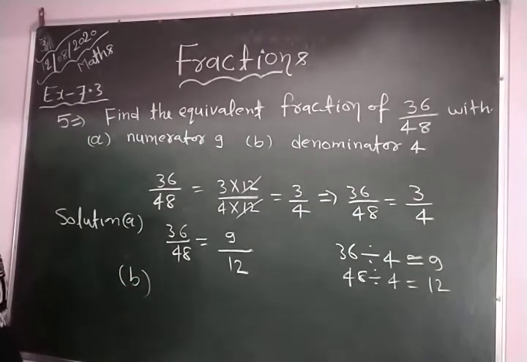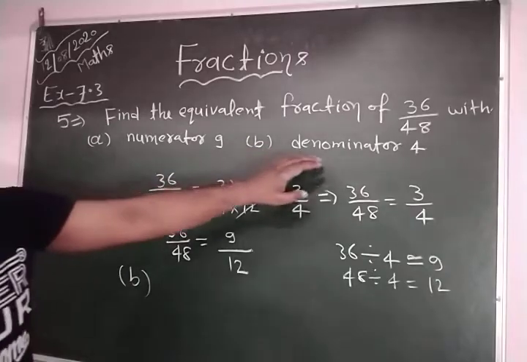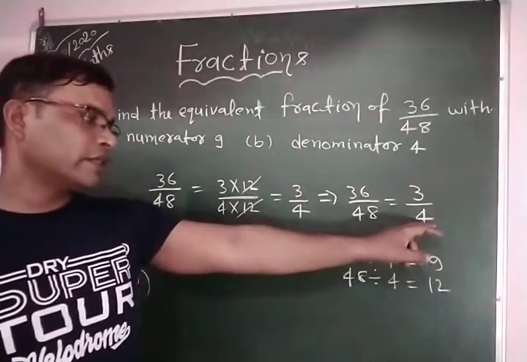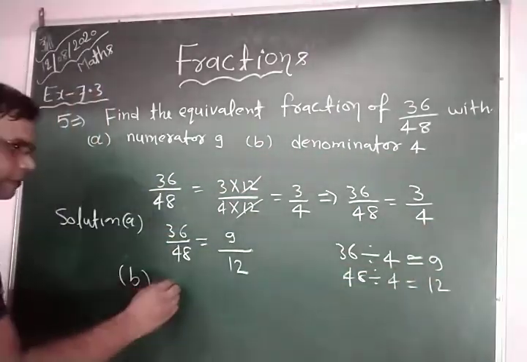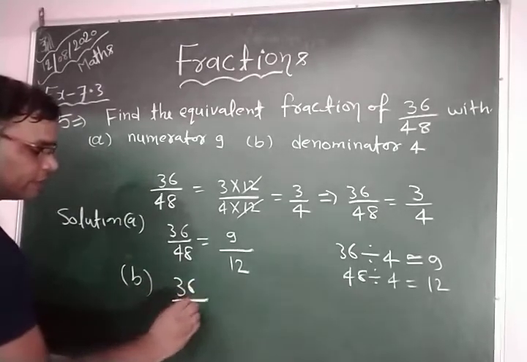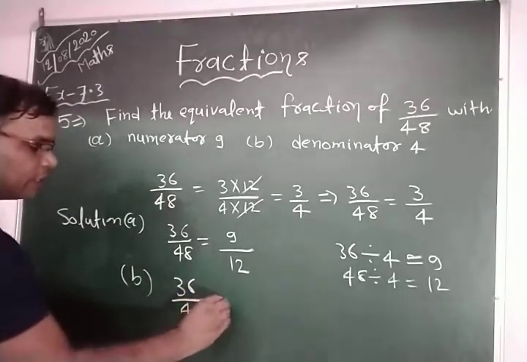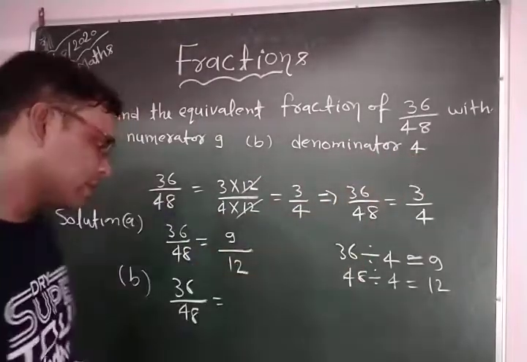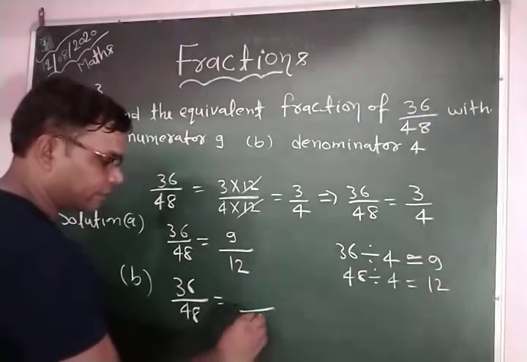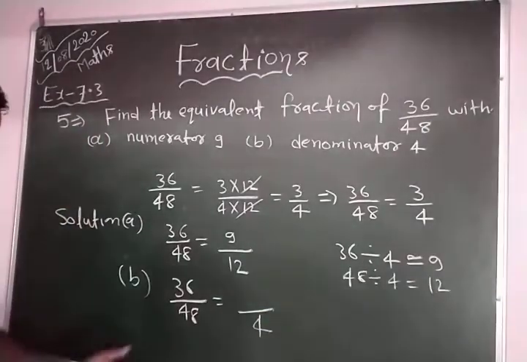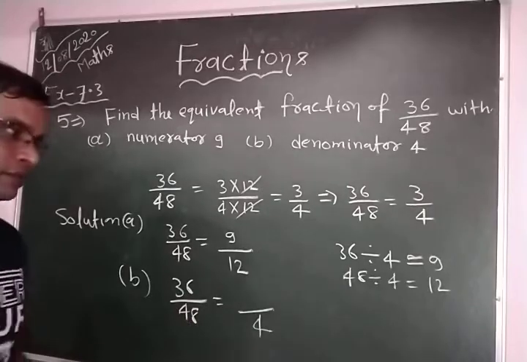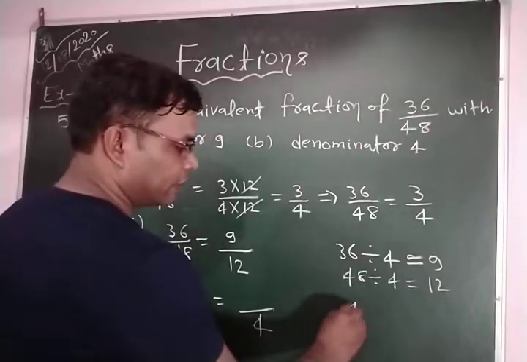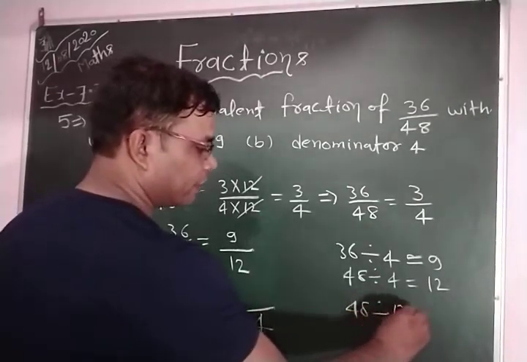B part is: find the equivalent fraction of 36 by 48 with denominator 4. So here you can see 36 by 48, and the given denominator is 4. If you divide 48 by 12, then you obtain 4.